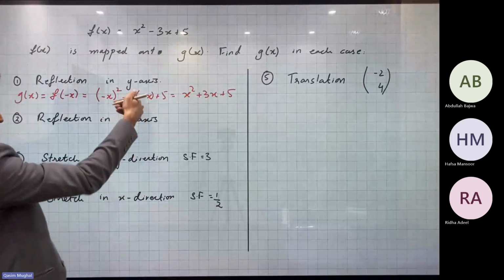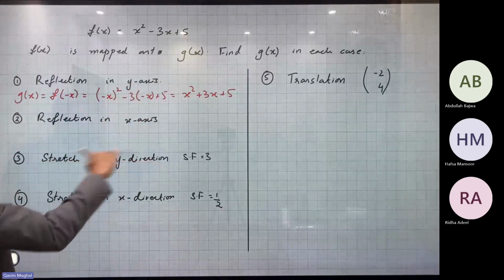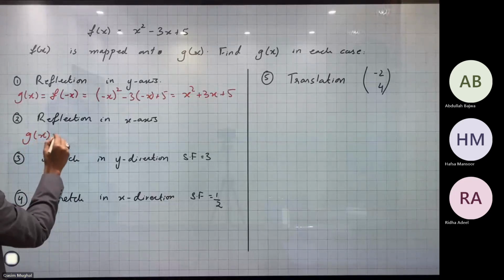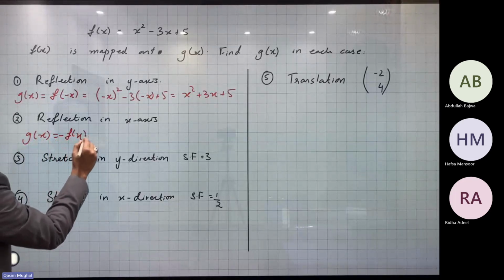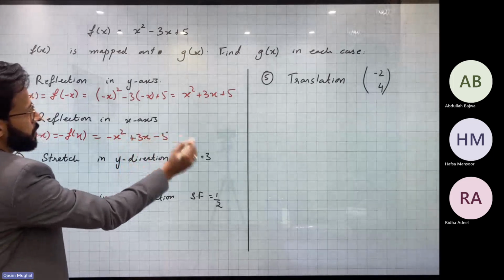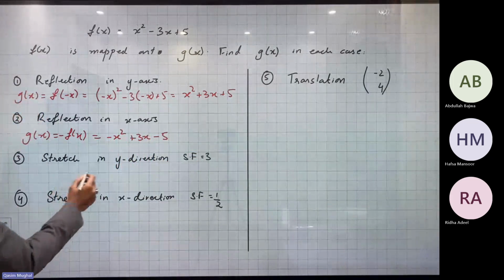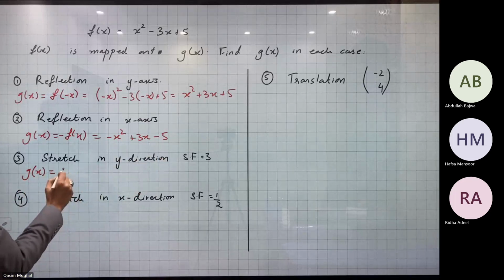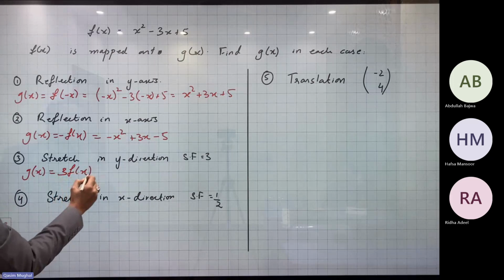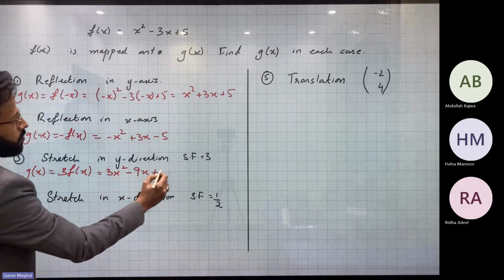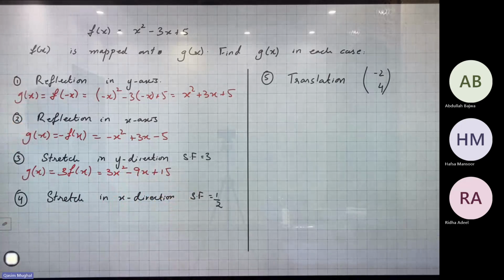Reflection in x-axis. X-axis will be the line of reflection. तो ये vertical है, अब इसमें वो होगा जो पहले लिखा था. Minus f of x, which will be minus x squared plus 3x and minus 5. Stretch in y direction. So g of x is equals to 3 times f of x, 3x squared minus 9x plus 15.